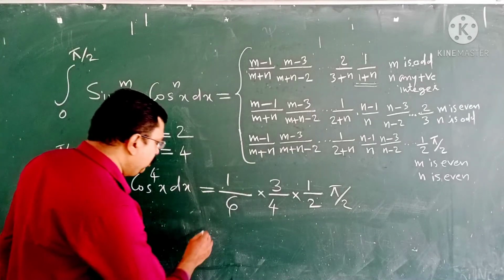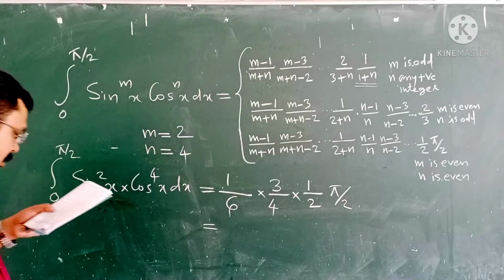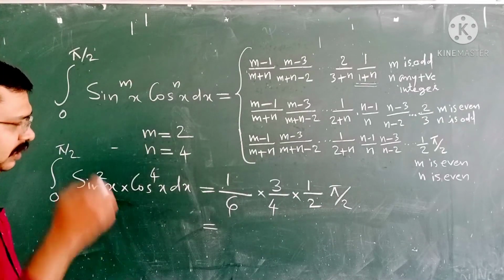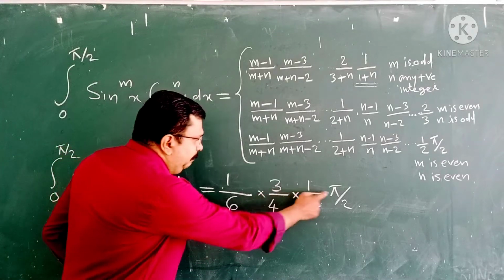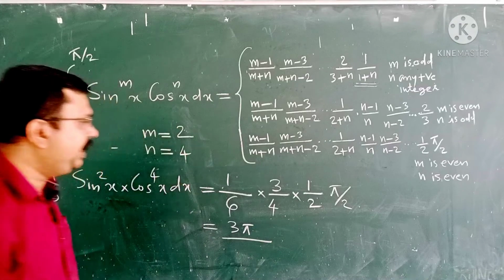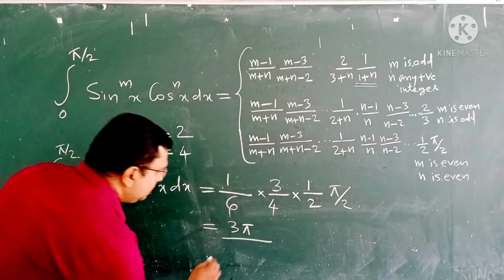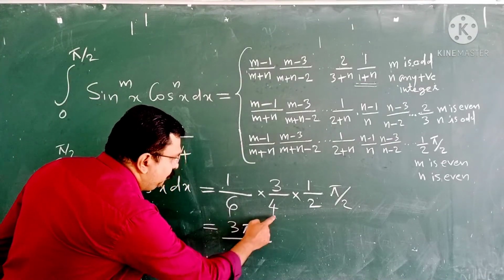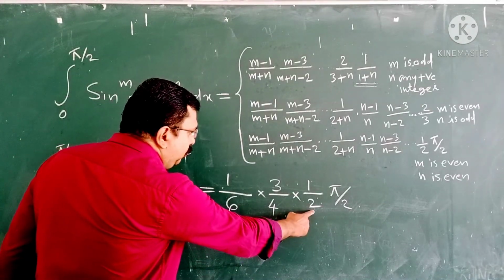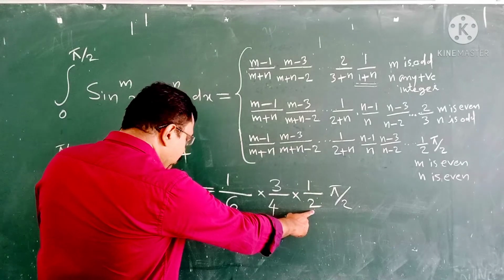Therefore, our final answer is 3 pi divided by 6 into 4, 24. 24 into 2, 48.